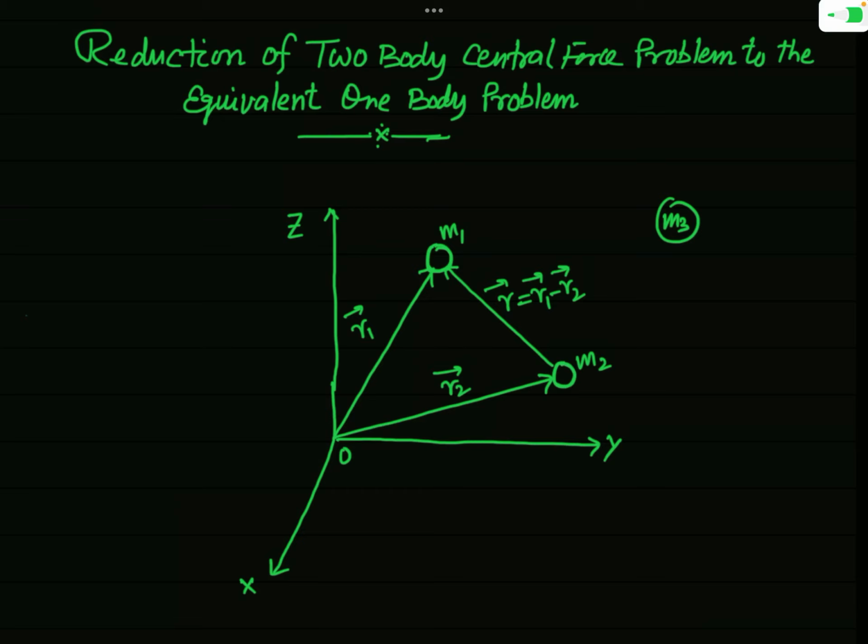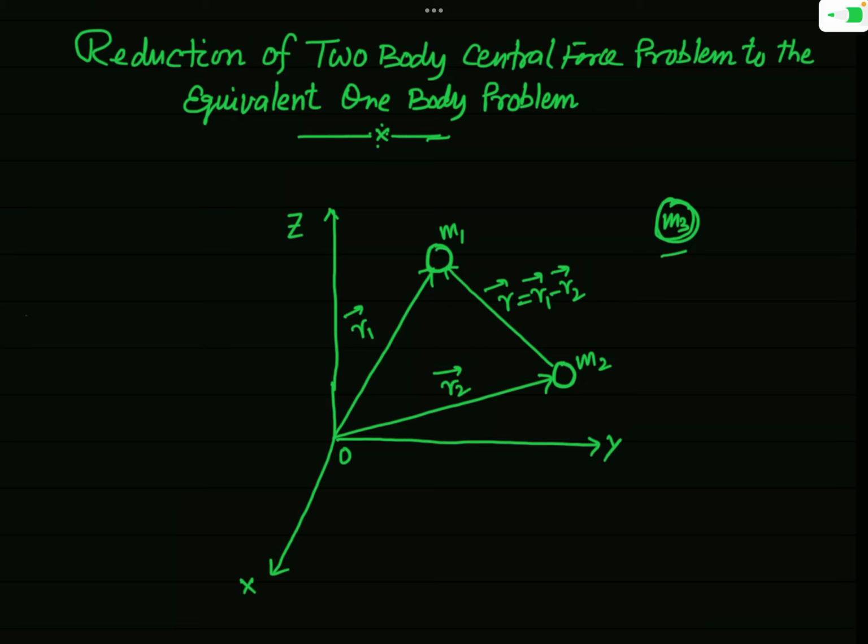So for a general result I have also assumed there is a third body outside of this system. Here system means m1 plus m2. m1 and m2 form a system, and this body of mass m3 we assume is outside of that system. So you may call this body of mass m3 an external body. It is not a part of our system.